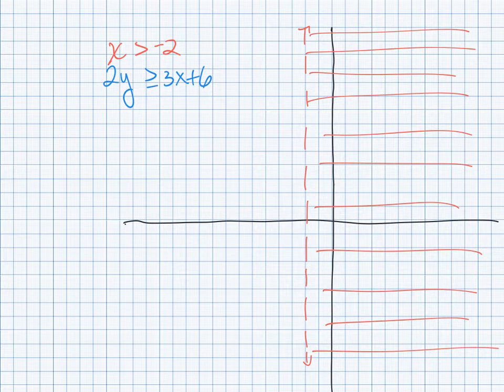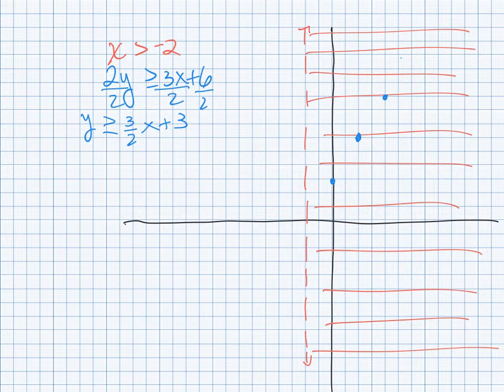Okay. And on the second one, it's not quite ready to do, so we have to leave the y alone. In order to do that, we're going to divide by 2, and we get y is greater than or equal to 3/2 x plus 3. So now we're going to graph that, and we're going to go to the other pen, and we're going to go to the y-intercept is 3, 1, 2, 3, and then we're going to go up 3 over 2, up 3 over 2, up 3 over 2.